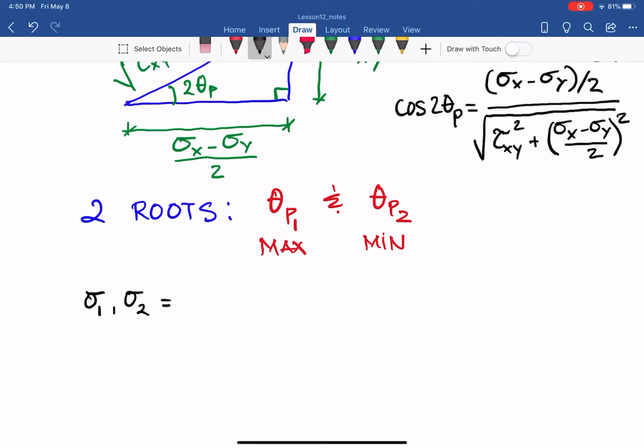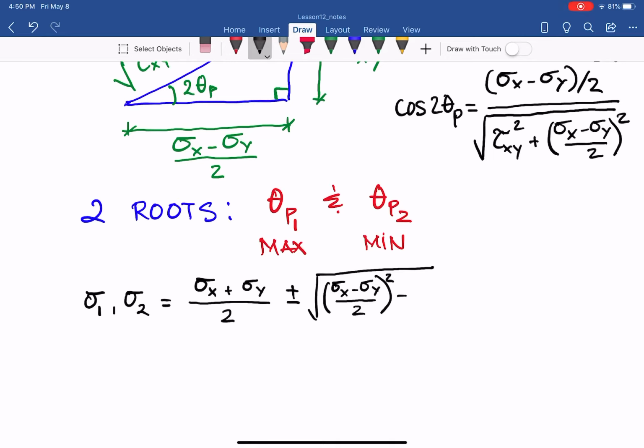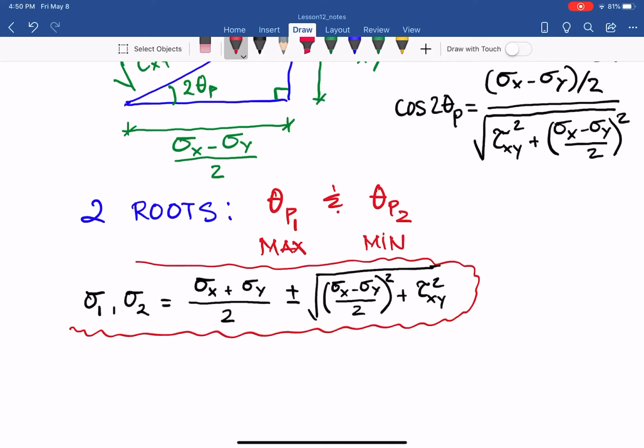Because there are 2, you have sigma x plus sigma y over 2, the average stress, plus or minus the square root of (sigma x minus sigma y over 2) squared plus tau xy squared. So that equation determines the principal stresses, and there are two, 1 and 2, for maximum and minimum stress.